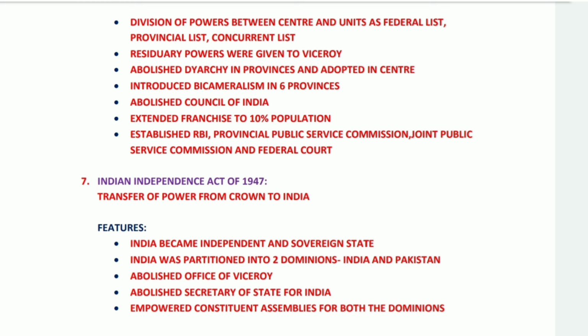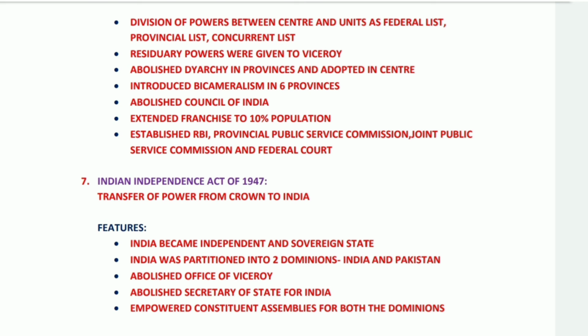Those provinces were Bengal, Bombay, Madras, Bihar, Assam, and United Provinces. And also, the principle of communal representation was extended to depressed classes, women, and labor. So this principle of communal representation was given in Government of India Act 1919, and here it has been extended.